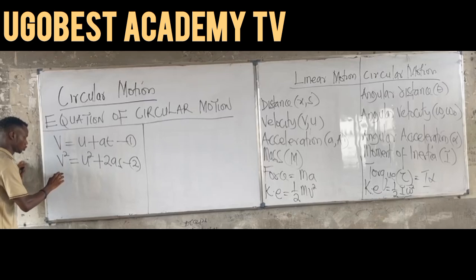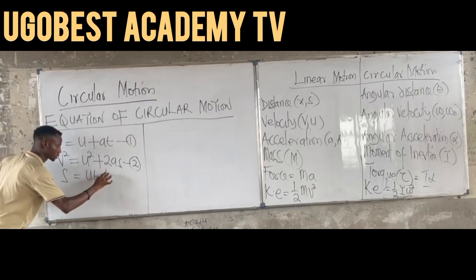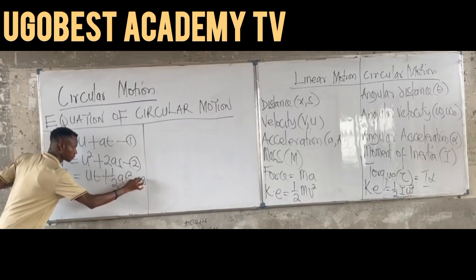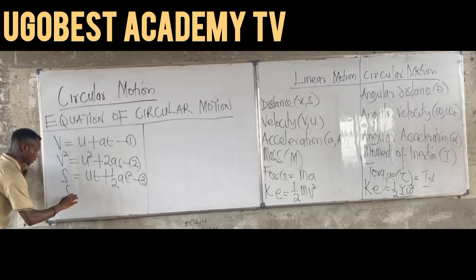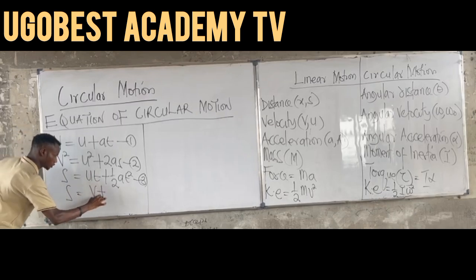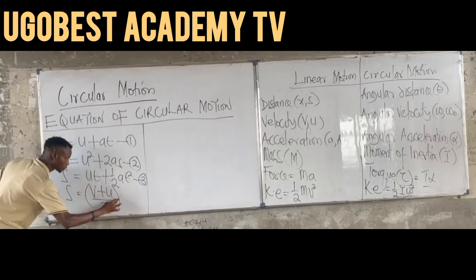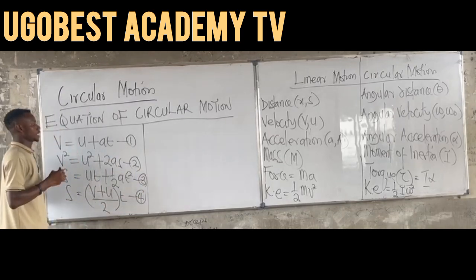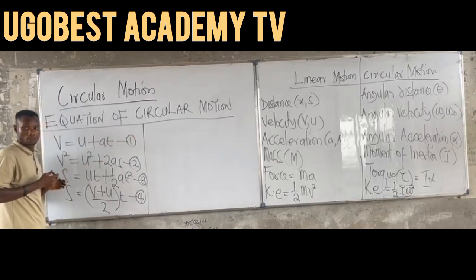The next one is x is equal to ut plus half at squared. This is equation 3. The next one is s is equal to (v plus u) over 2 times t. So from these equations, we can now transform them to the equations of circular motion.